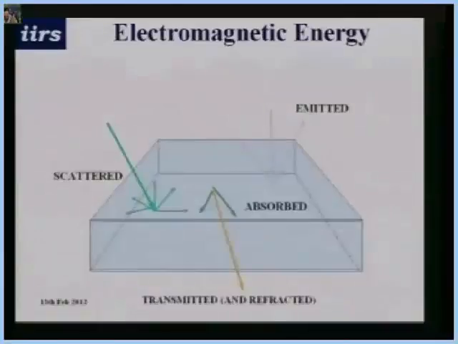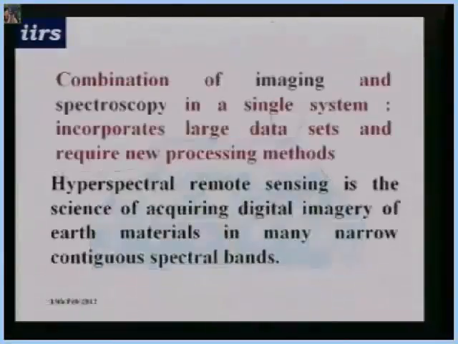There are various nomenclatures given, such as hyperspectral spectroscopy, imaging spectroscopy, or narrowband spectroscopy. Although they have different meanings in a direct translation, spectrometry means measuring, spectroscopy means seeing, and hyperspectral means too many bands.